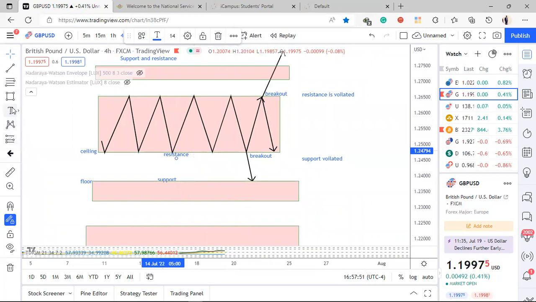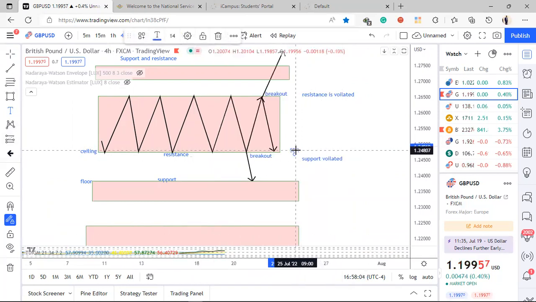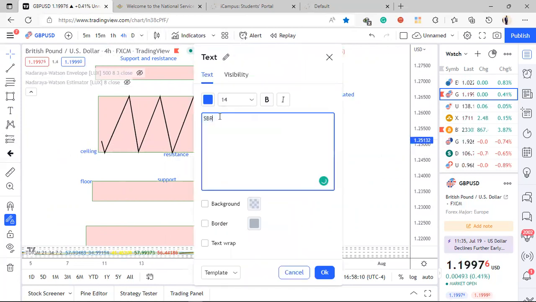You will see people writing it like this: SBR. Support becomes resistance.